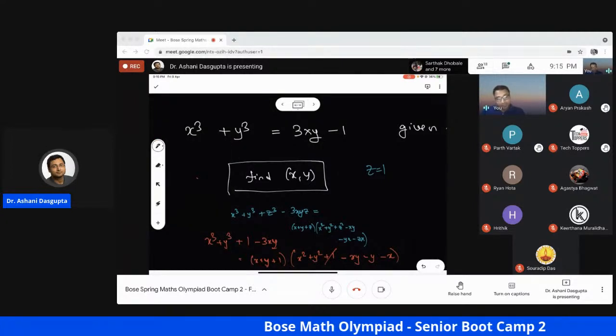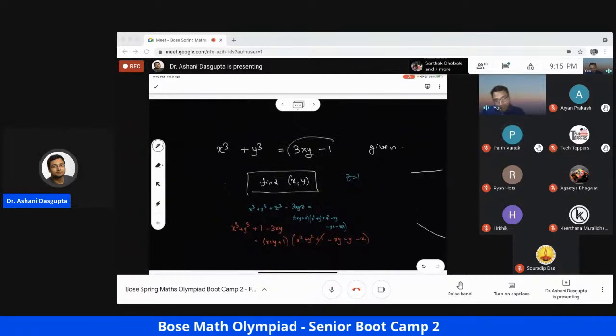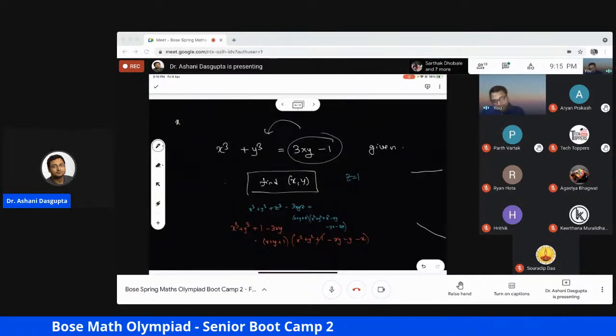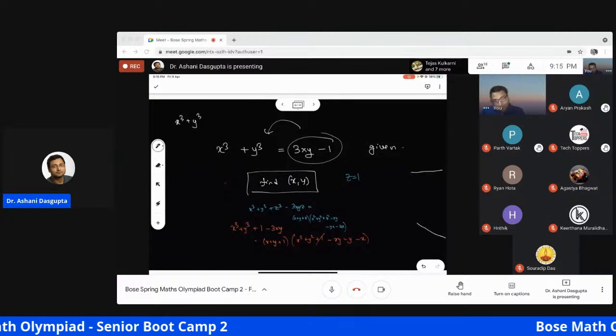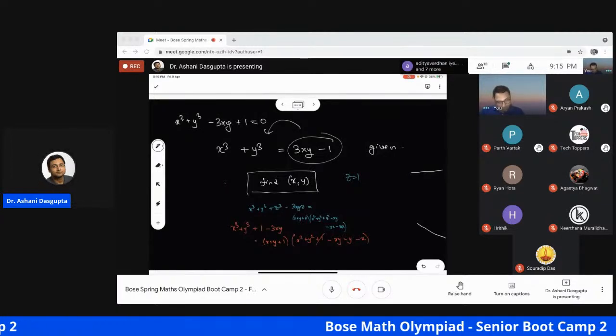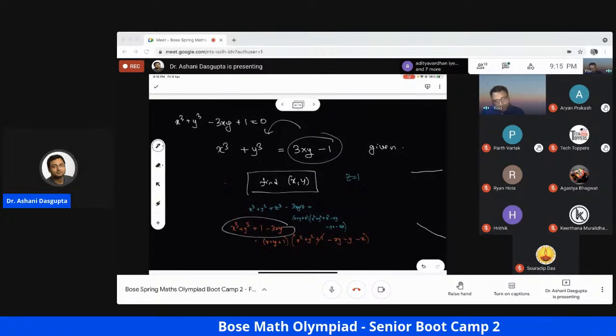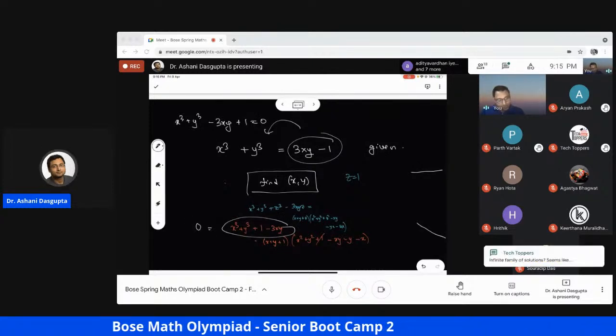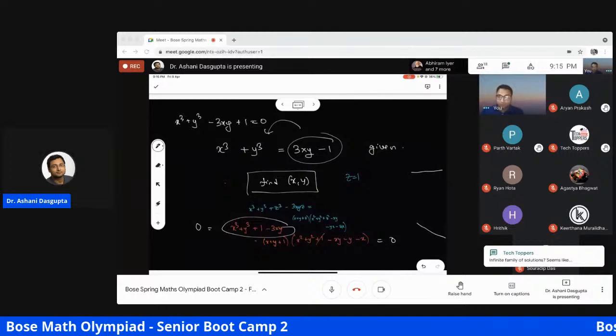We are given, if we bring this thing to the other side, x cube plus y cube minus 3xy plus 1 equal to 0. So this thing is given to be equal to 0, which means this side is also equal to 0.